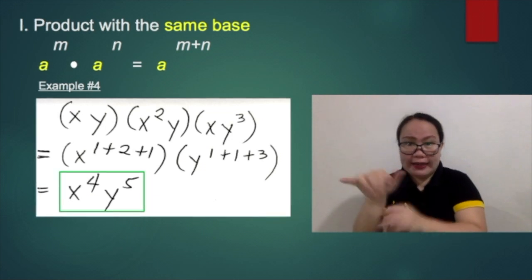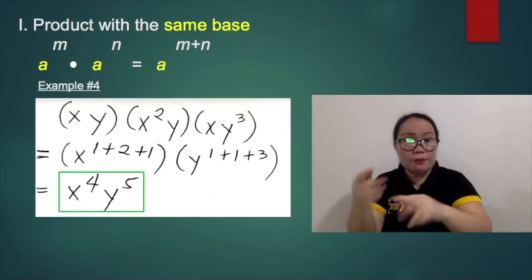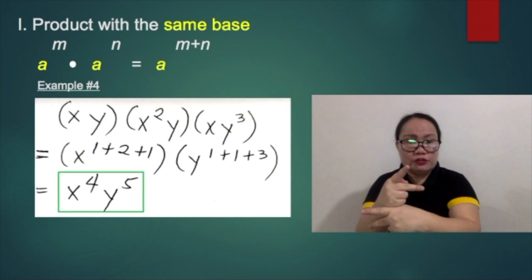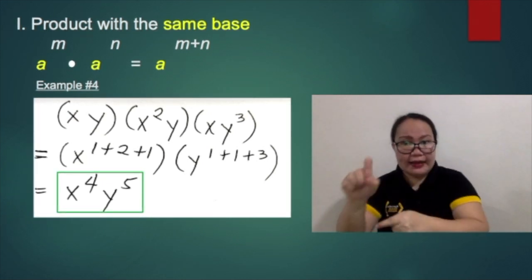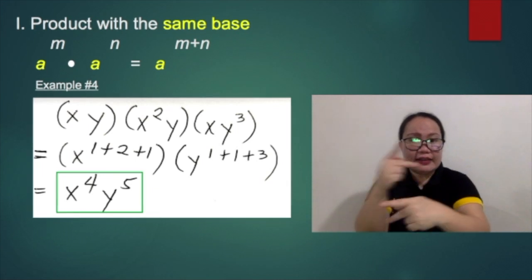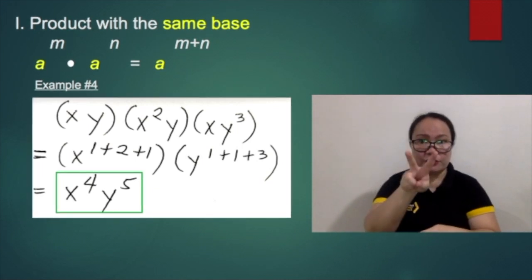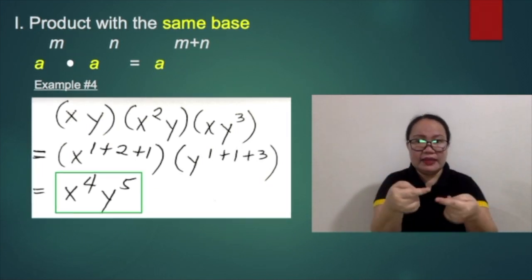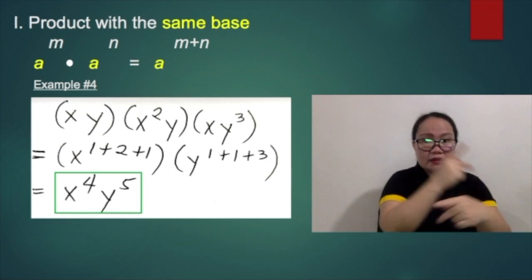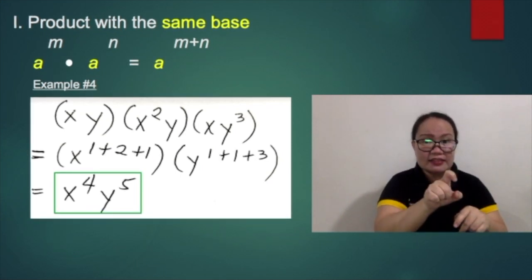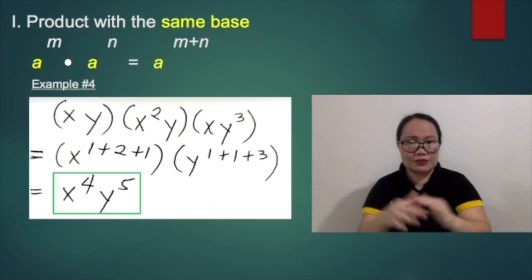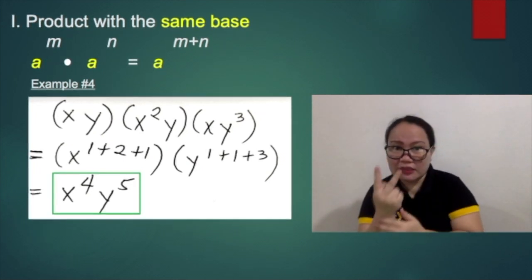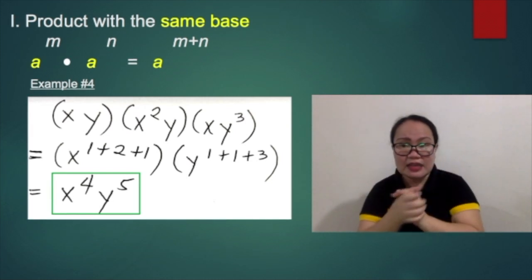So in this case, xy in parentheses means multiplication, or times. So xy times x raised to the power of 2 y, and then times xy to the power of 3. So this is equal to, be very keen about this.